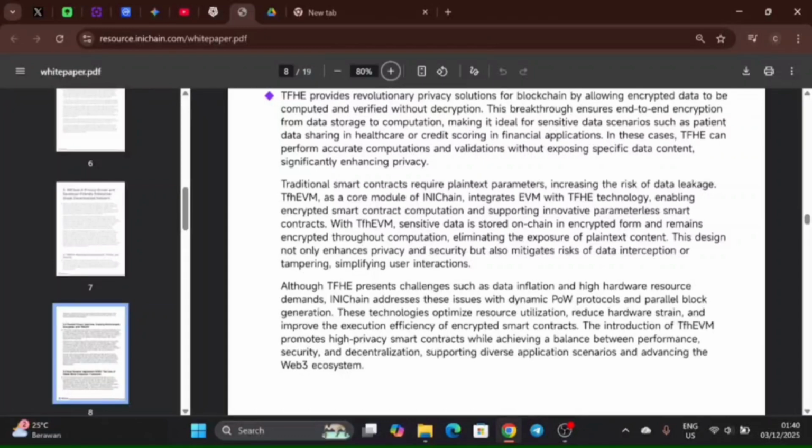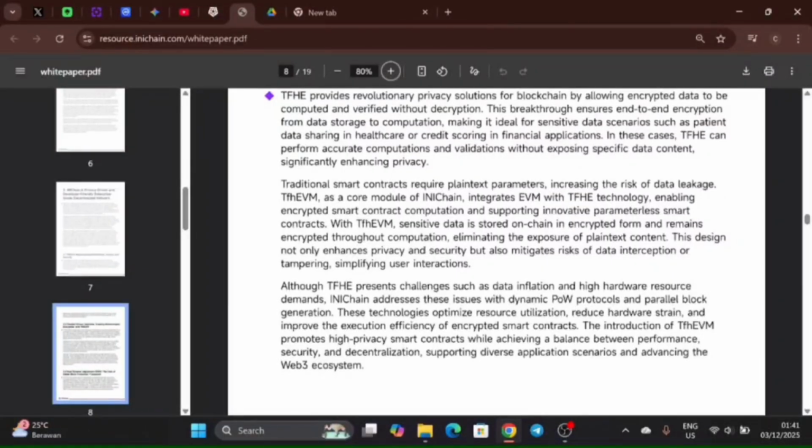Again, although FHE EVM presents challenges such as data inflation and high hardware resource demand, InitVerse addressed this issue with a dynamic proof of work protocol and parallel block generation.